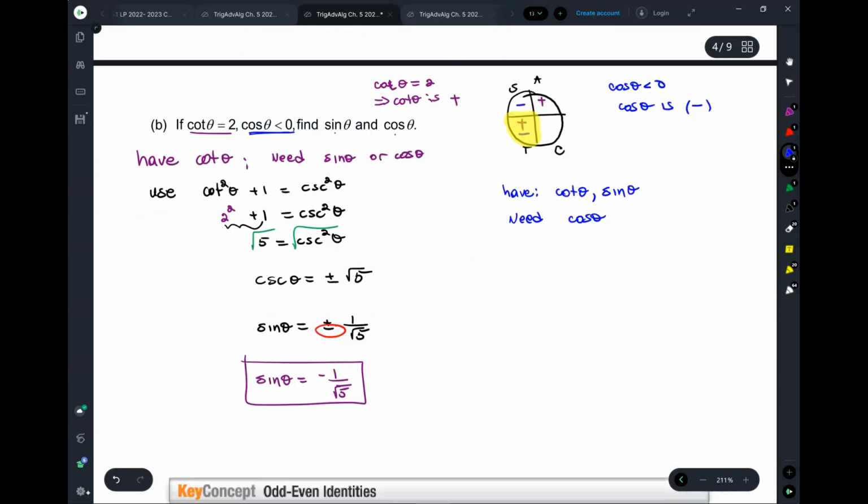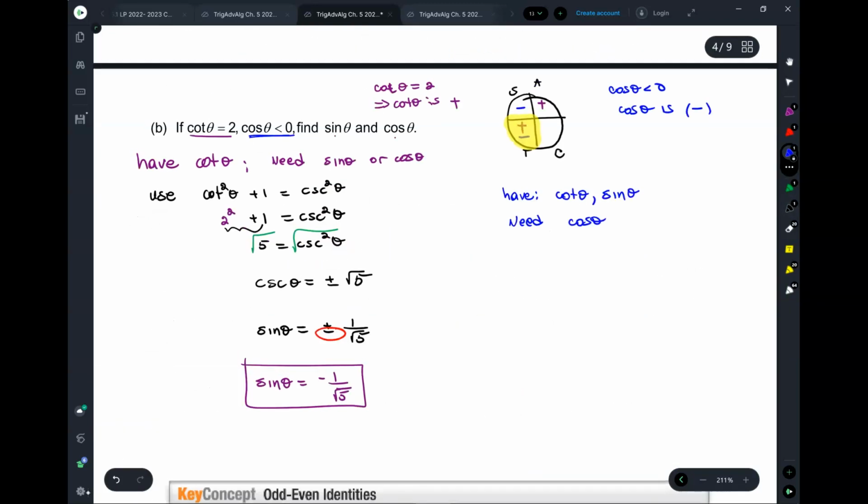Okay, so let's use that. What am I solving for? 2 equals... Well, what quantity am I solving for? Your cosine. Cosine, right? Let's isolate the cosine here. So let's get rid of everything else.